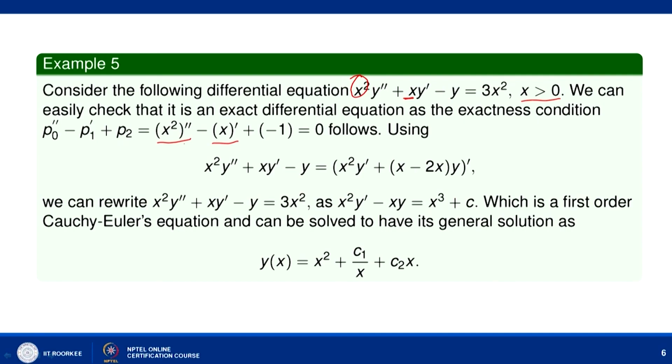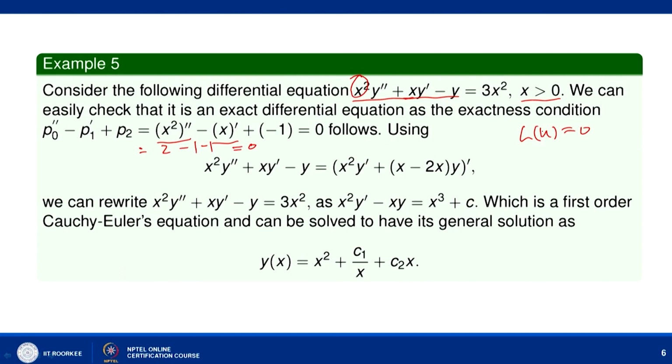If you simplify, this is simply 2 minus 1 minus 1, and it comes out to be 0. So the differential equation Lu equal to 0 satisfies the exactness condition. So we say that this is an exact differential equation.